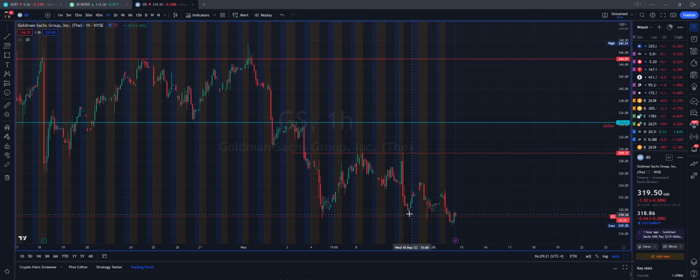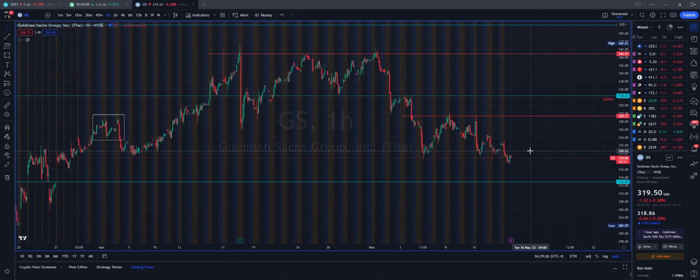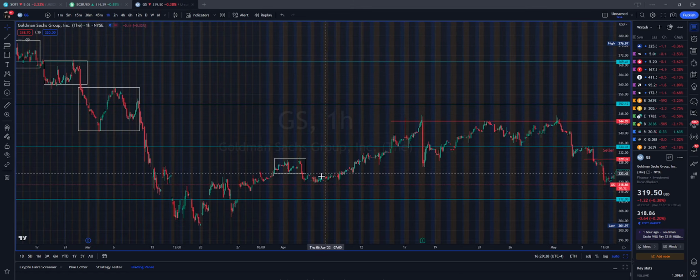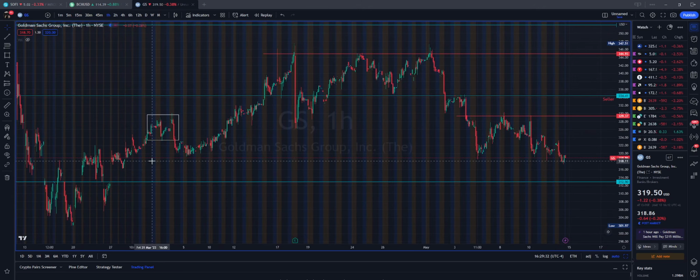But we haven't seen a lot of evidence of buying right on this level. If we look at the past, we barely have any buyers over here. So in this case, since we don't see any strong impulses or anything that breaks the range, if there's a buyer, the buyers will be over here. But the buyers have been stopped out in this case.